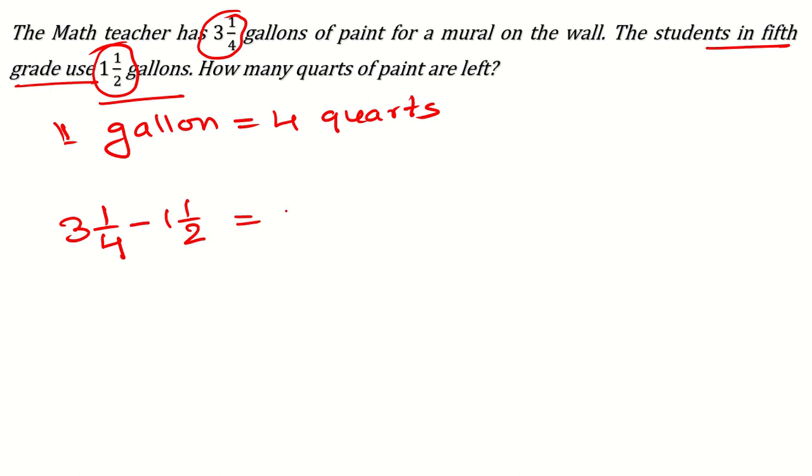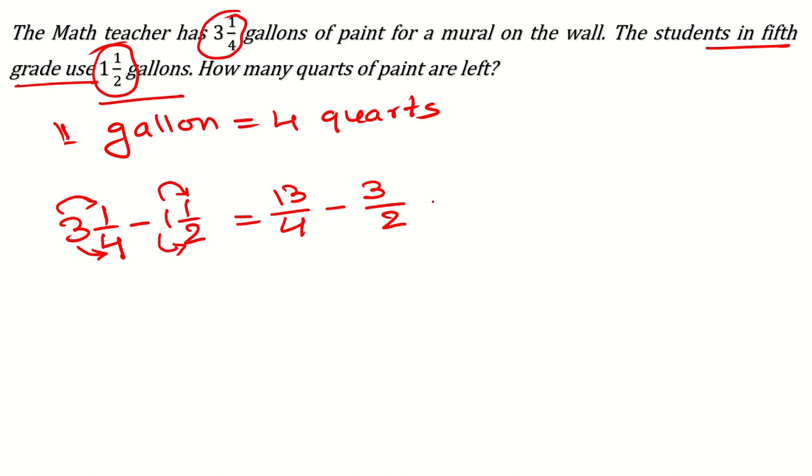Now we have to subtract it simply. What can we do here? You can do this subtraction in many ways. For the simple way, I am doing it like this: 3 multiplied by 4 is 12, 12 plus 1 is 13, over 4, minus 1 times 2 is 2, 2 plus 1 is 3, so 3 over 2. Now the denominator is not the same. So what can we do here?